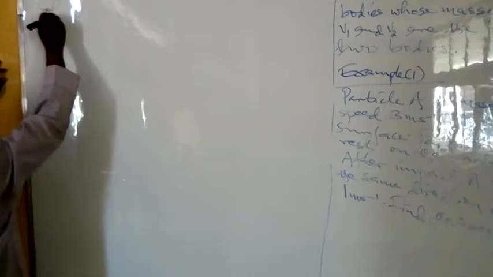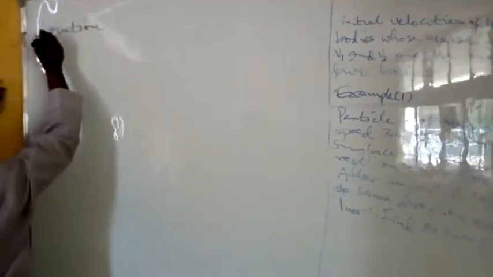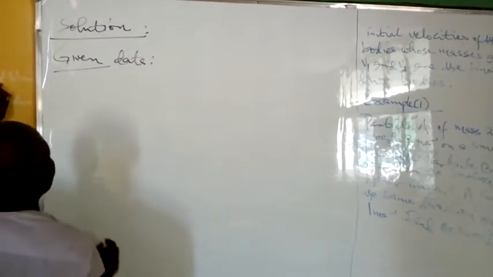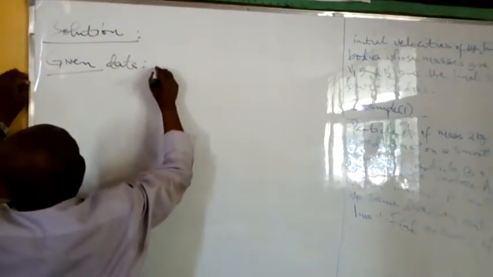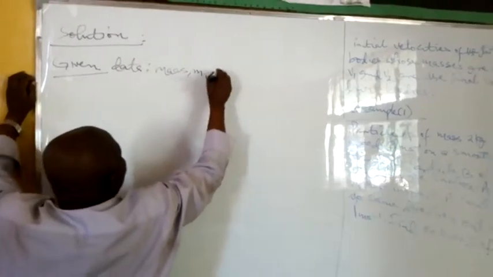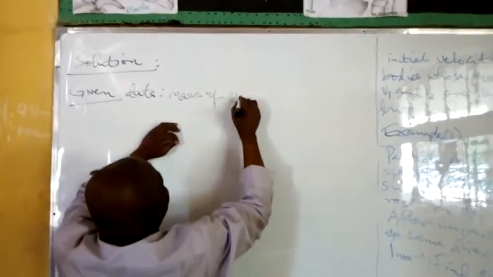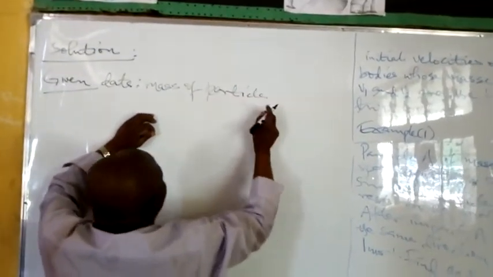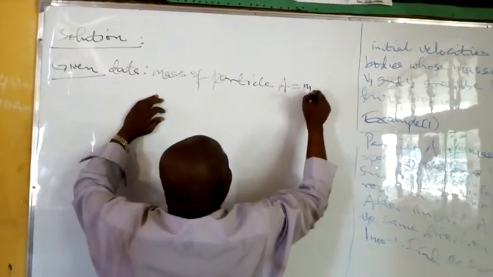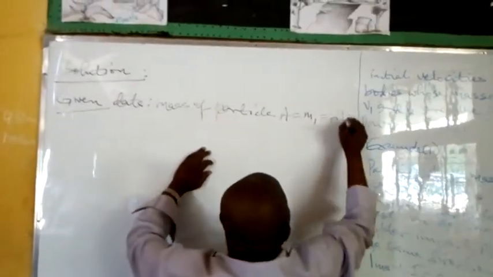So, solution. Given data. Mass of particle A is equal to m1, which is equal to 2 kg.